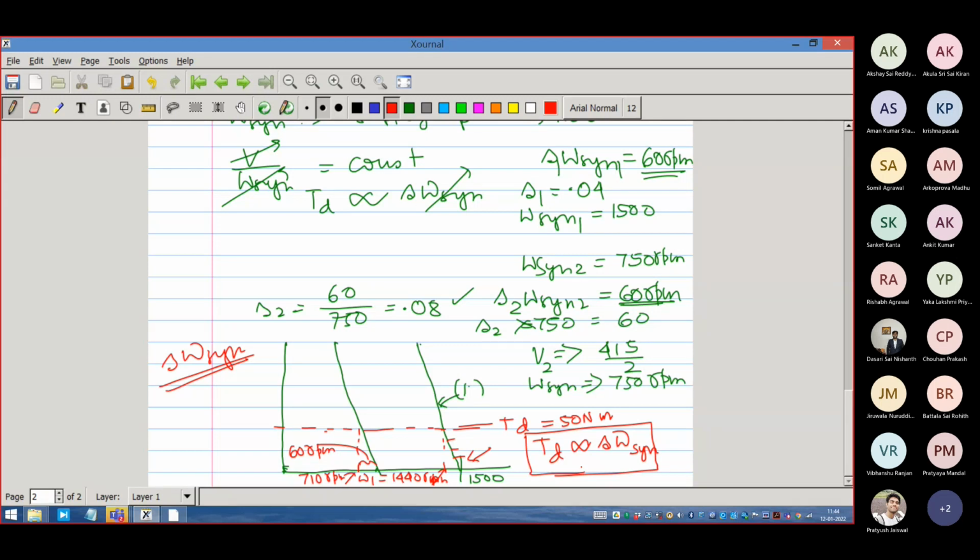Now, if you do not want a variation of the torque to produce any variation in the speed, what do I do?